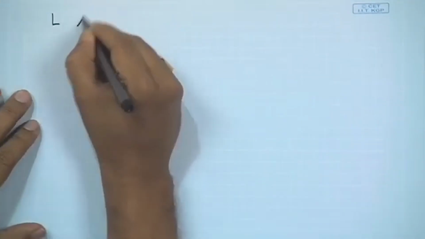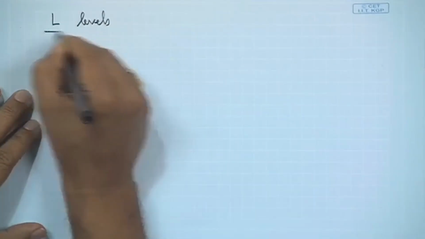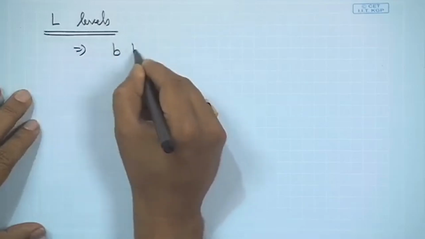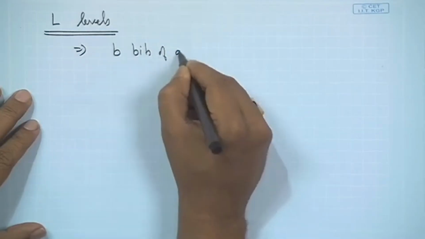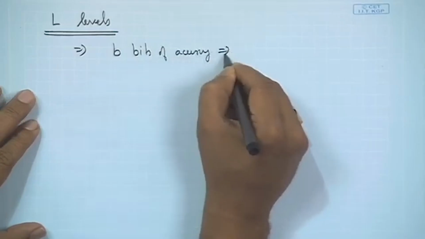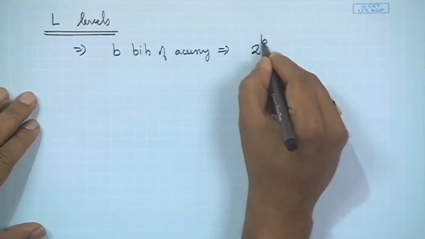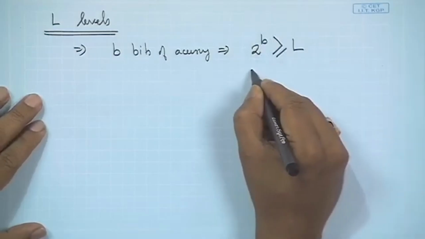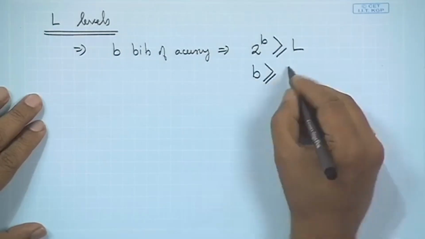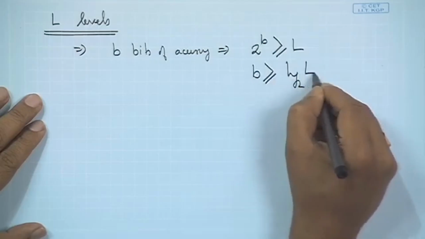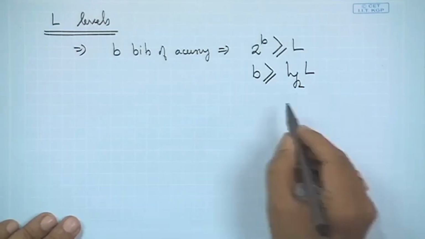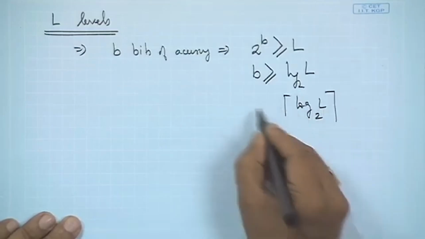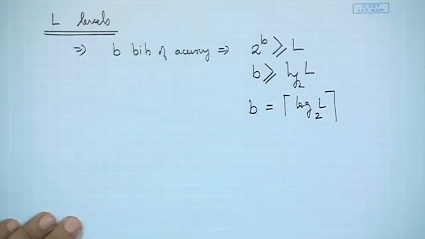This would imply that we should have B bits of accuracy, such that 2 to the power of B should be greater than or equal to L, or in other words, B must be greater than or equal to log base 2 of L. So, going by our earlier results, we can take B to be equal to this.